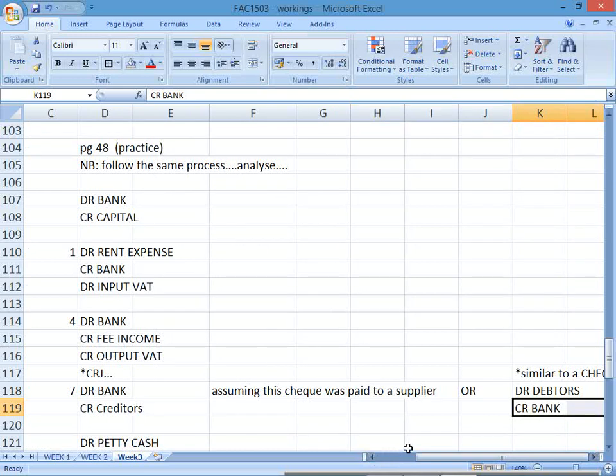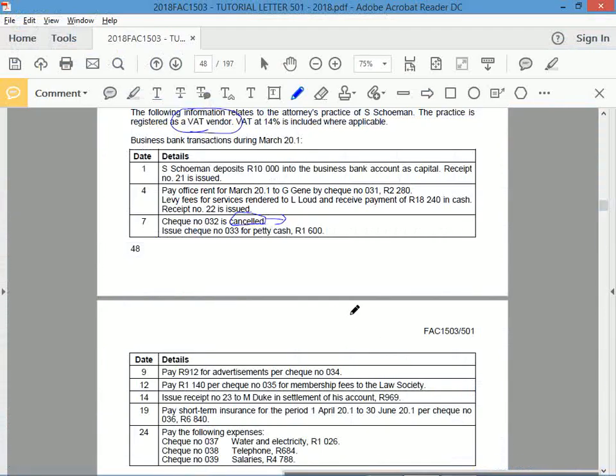They weren't specific enough. So this probably came from a longer question where you would have seen 032. I didn't see 032, I only saw 031. There is no mention here about 032.